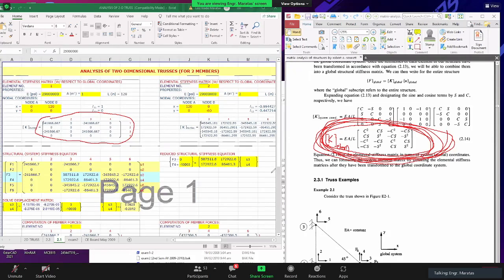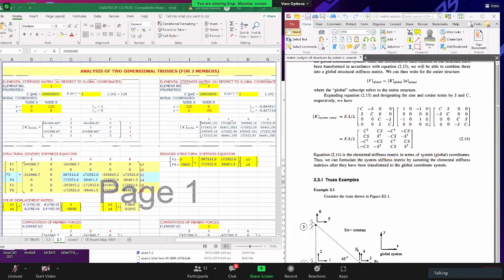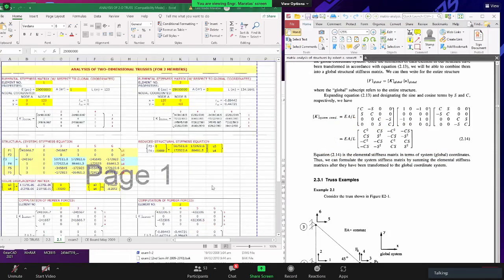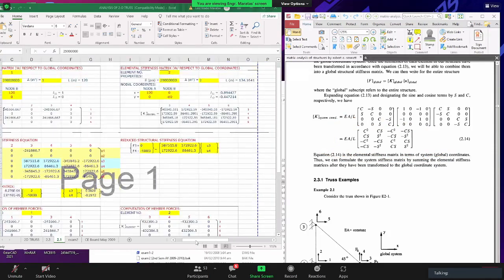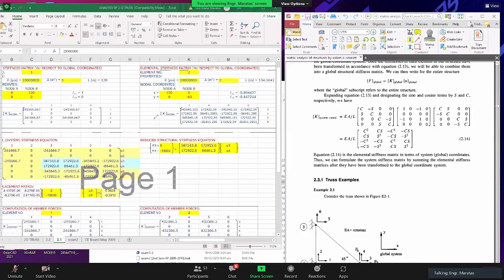You can also express cosine in terms of the lengths. So this one is for member 1, and this is for member 2.